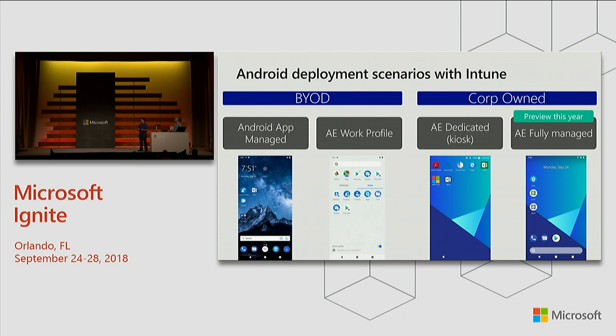Instead, you can take the SDK and integrate it with your app, or if you're being provided an APK directly by your developers, you can wrap that app yourself. So you have two options in terms of how you actually enable this. All the main Office apps already support this, so if your LOB apps need to talk nice and securely with the Office apps, that's something Intune Android App Managed enables.